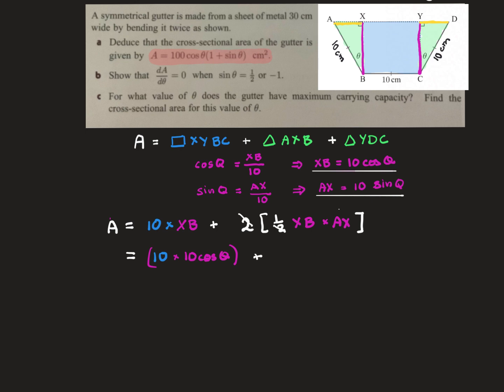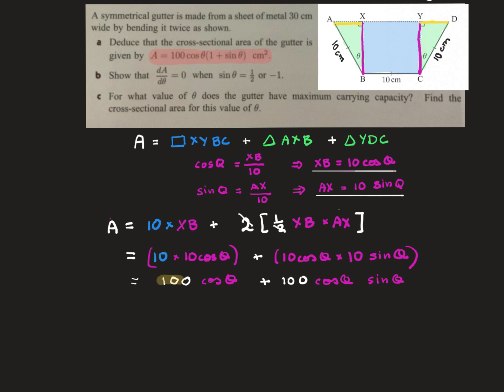Plus we've got XB times AX. And XB is 10 cos theta, while AX is 10 sine theta. If we simplify this and multiply the 10 and the 10 together, we'll have 100 cos theta, and we have plus another 100 here, and we have a cos theta and we also have a sine theta.